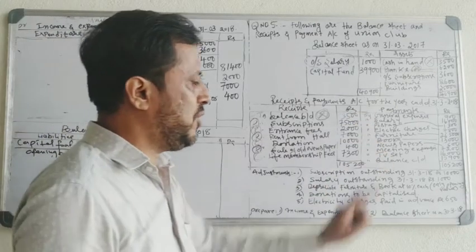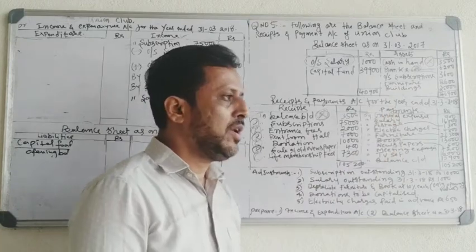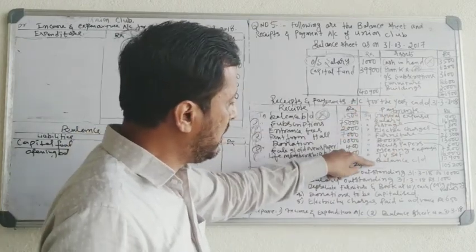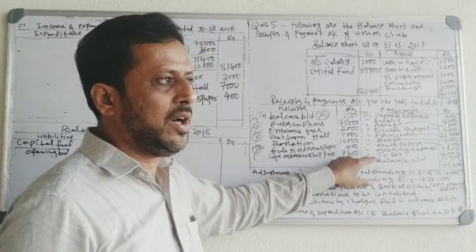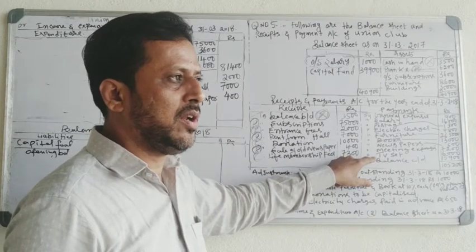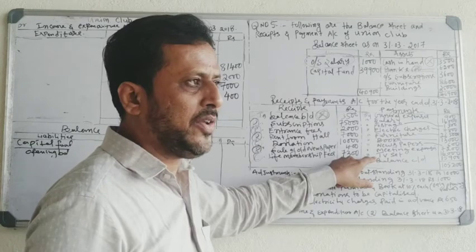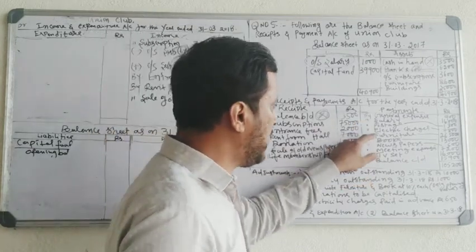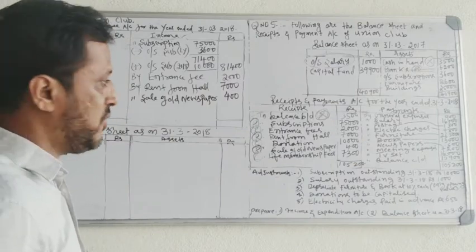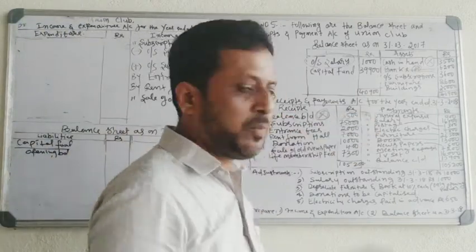Now go to the expenditures. Payments. Here so many payments are given. Some payments are revenue expenditure, some payments are capital expenditure. We'll take the revenue expenditure on the expenditure side. First you have general expenses.